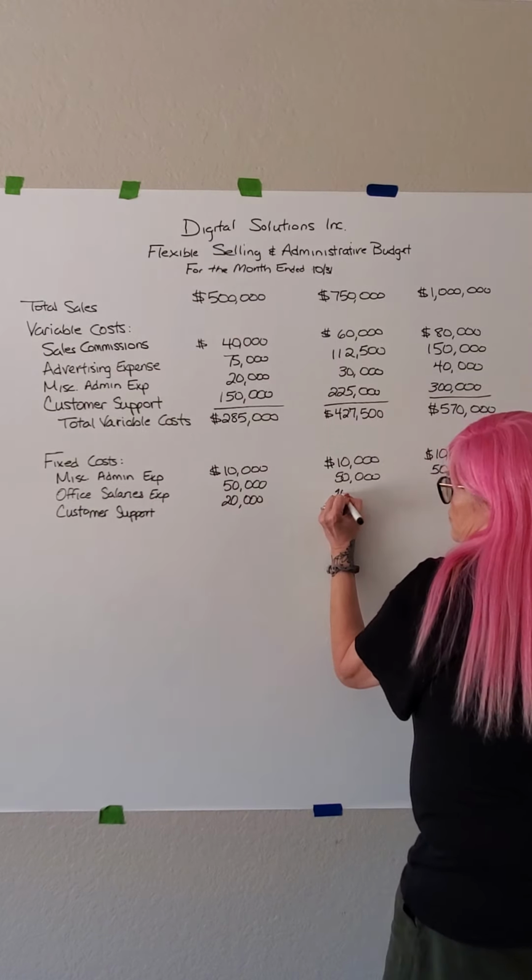R&D, $75,000. So then we're going to calculate a total fixed costs. And remember, it's going to be the same under all three levels of activity, so it's always going to be 155,000.